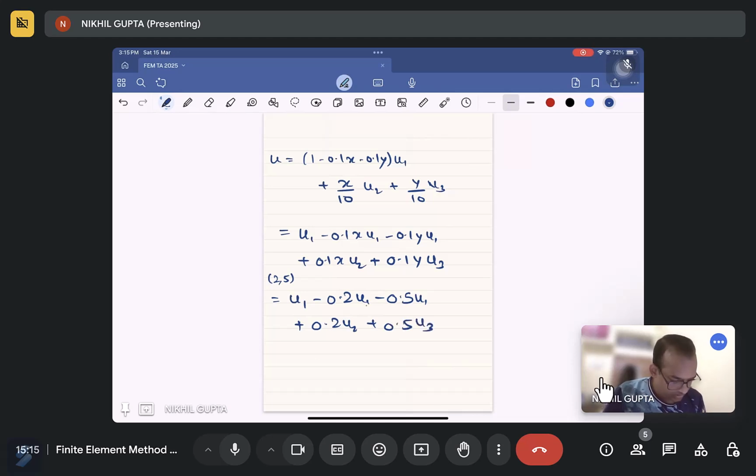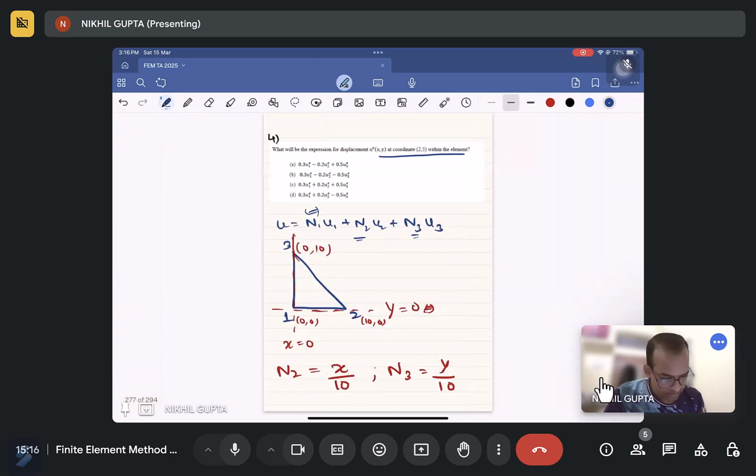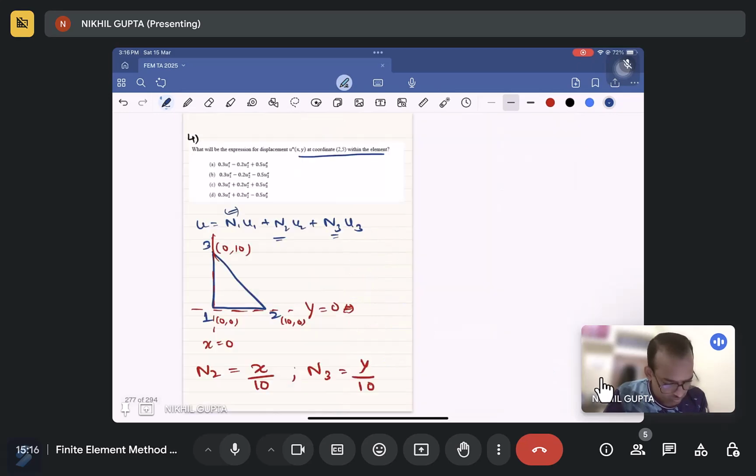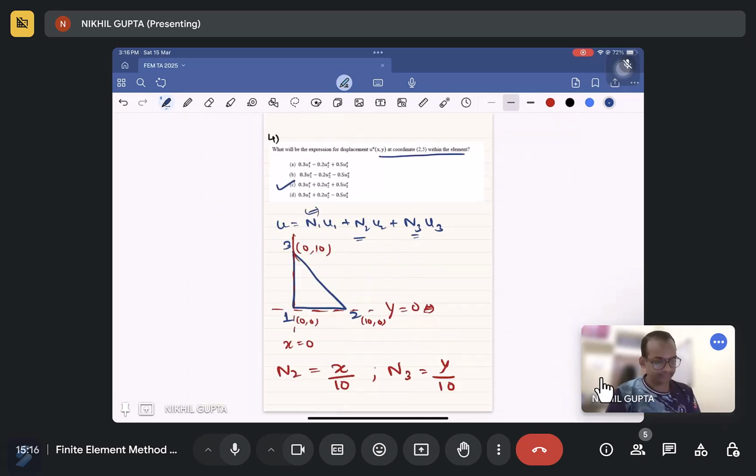So u1 we can take together: 1 minus 0.7, this will be 0.3 u1 plus 0.2 u2 plus 0.5 u3. All are positive, so you check, the answer is C.